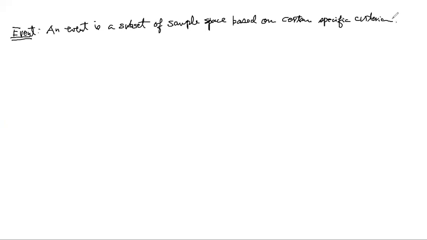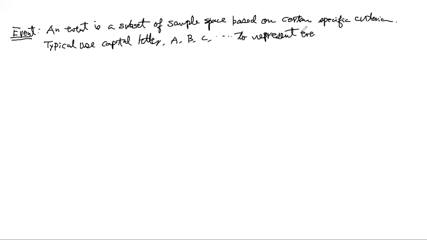Okay, then we typically use a capital letter, like A, B, C, to represent events. Okay, so that's what events mean.